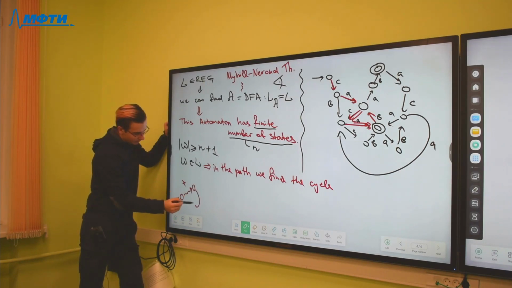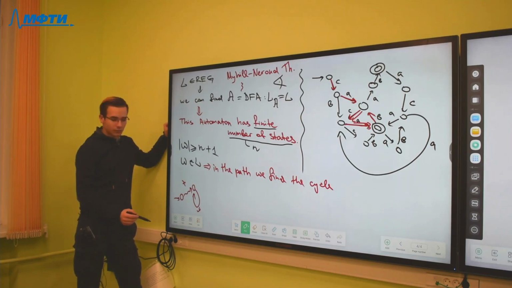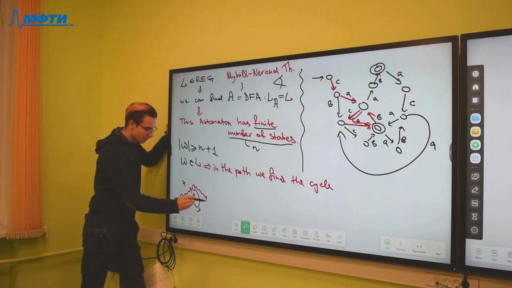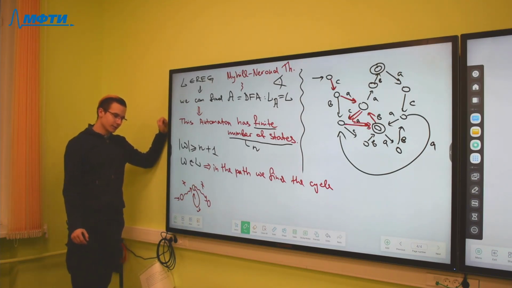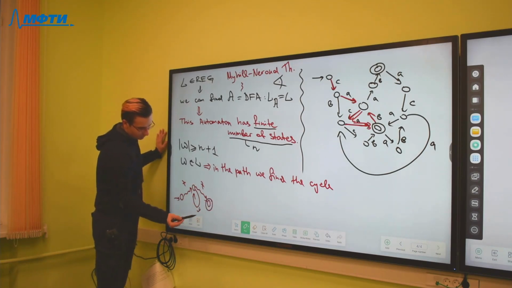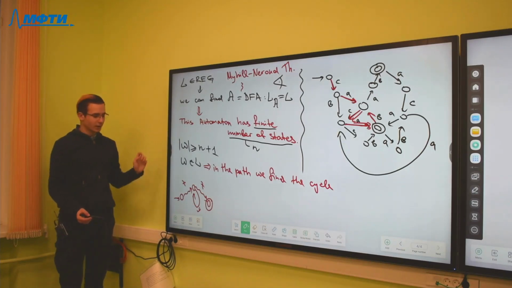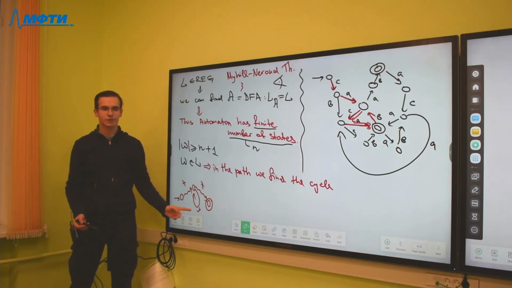Then we have the cycle, and then we go to the finished state. And it is not a trivial cycle, so it is not empty.